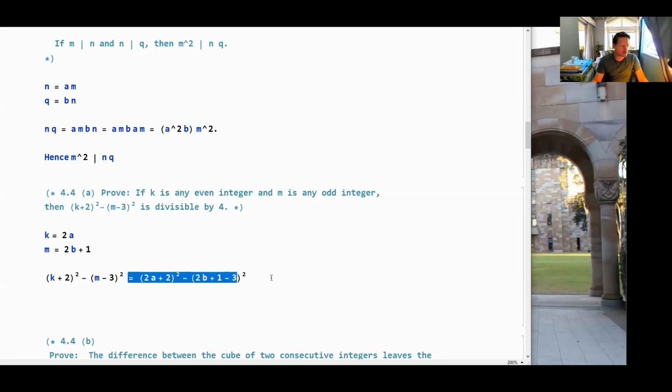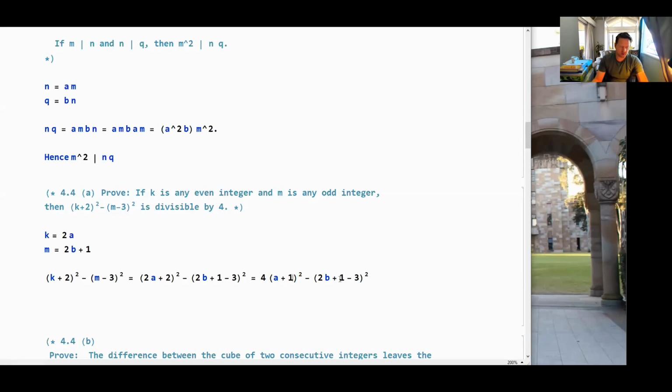Now we can simplify. You can see that's a 2 there, that's a 2 there, so we can factorize that 2 out and then square the 2. When we do that, 2 squared is 4. So we have a 4 in front. And then we have inside the bracket a plus 1 squared.